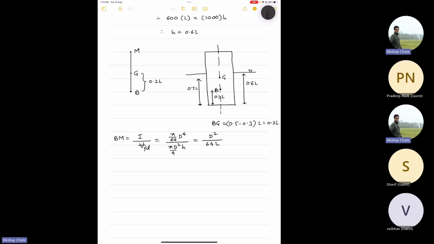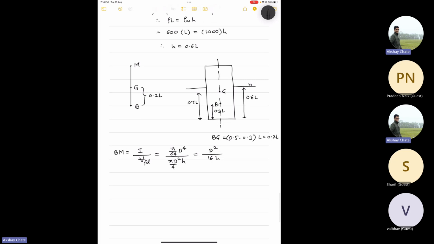So there will be a 16 remaining, and we know h is equal to 0.6 L. If you put that, it becomes d square over 16 into 0.6 L. Then if you simplify, this becomes 10 d square upon 96 L.